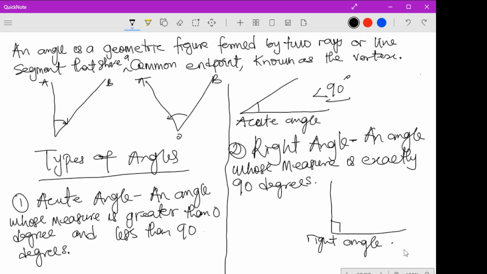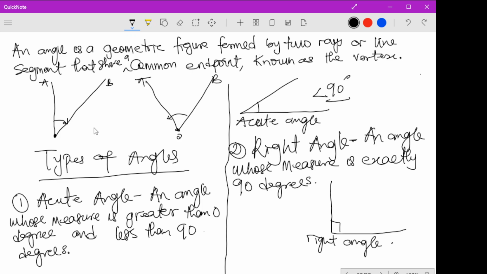An angle is a geometric figure formed by two rays or line segments that share a common endpoint known as the vertex. These are the vertex. So it becomes clockwise or anti-clockwise form.